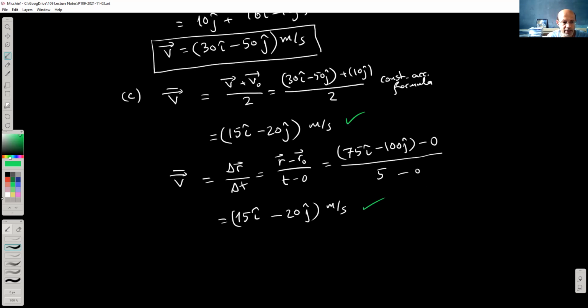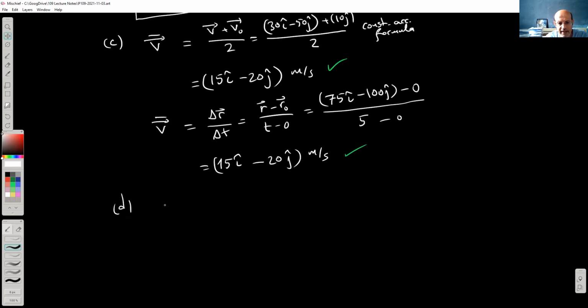Let me quickly do the last part in here. This is basically saying that when y is max, what is delta r? That's the question. The problem in here is that there is a condition, and that condition happens along one direction.